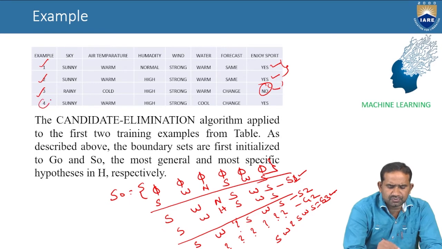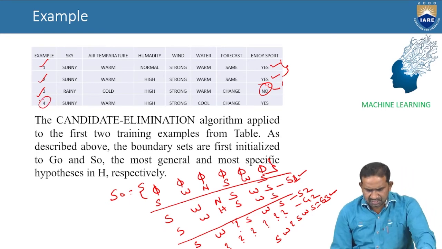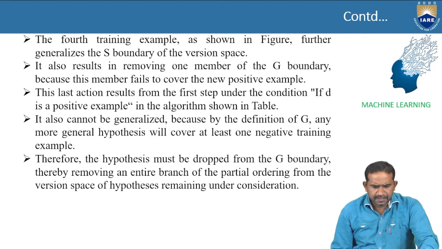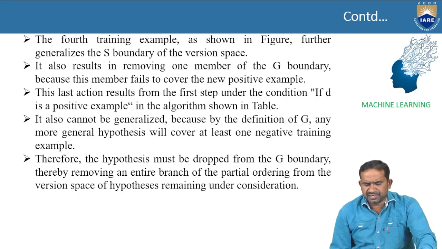We come to the fourth instance with the generalized one as well as the specific one. The fourth example is shown in the table. It results in removing one member of the G boundary, the general boundary, because this member fails to cover the new positive example.